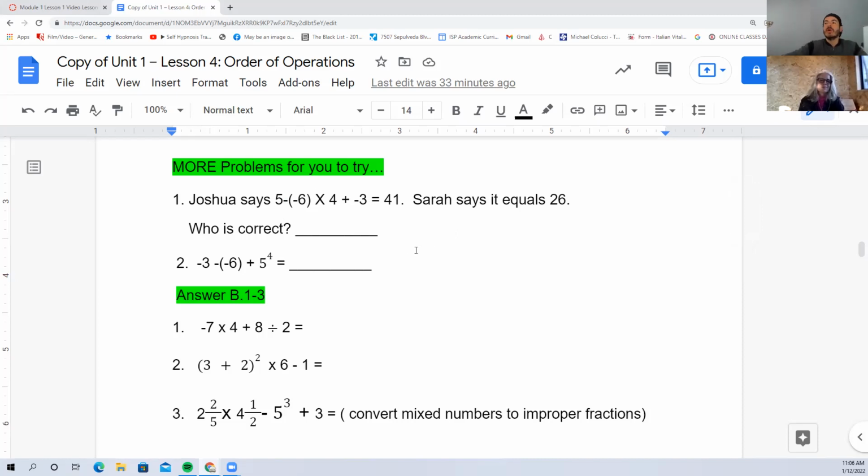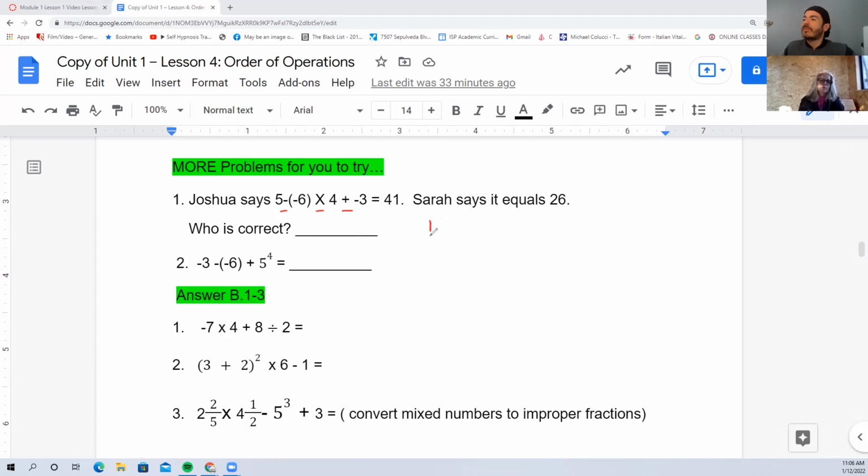Who is correct? All right, so what comes first in our order of operations? We have subtraction, we have multiplying, and we have addition. So we're going to do our multiplication first because it comes before addition and subtraction.